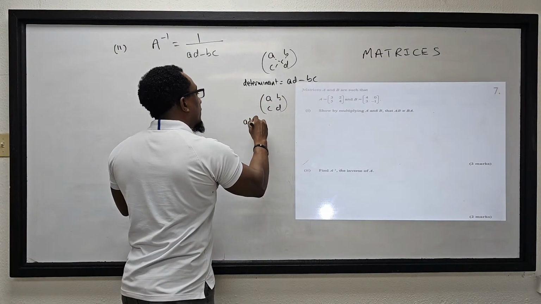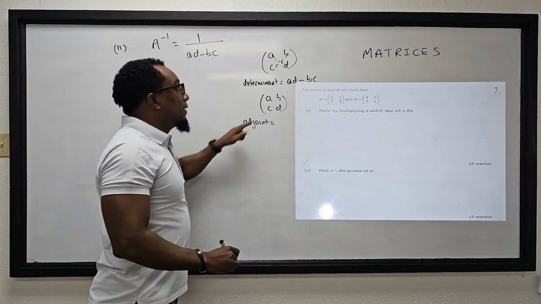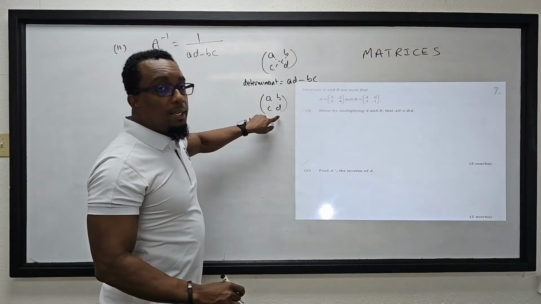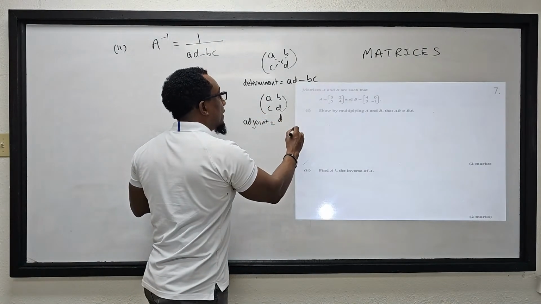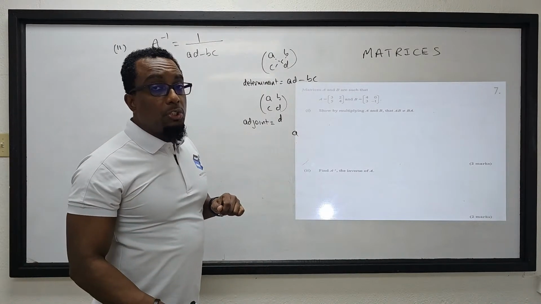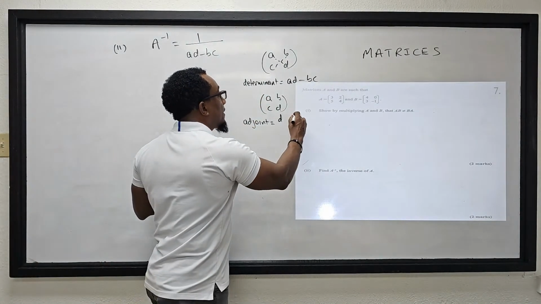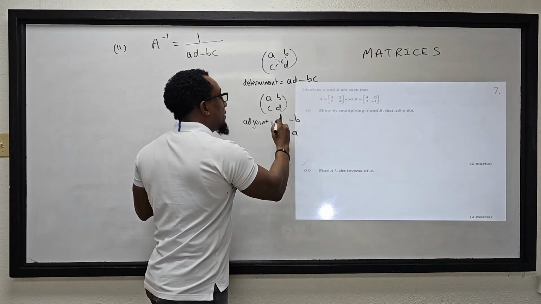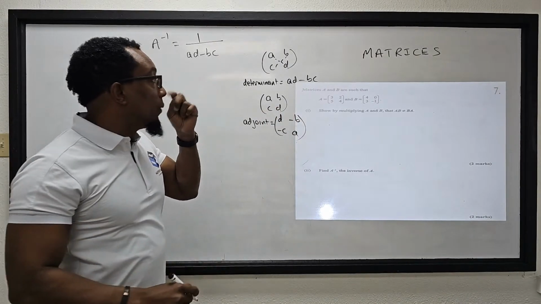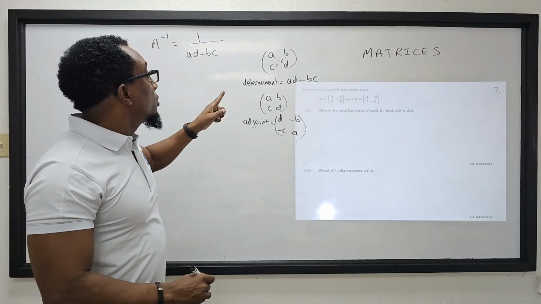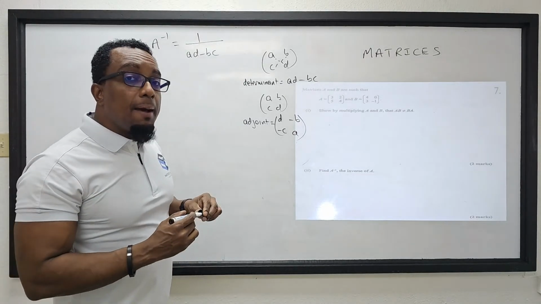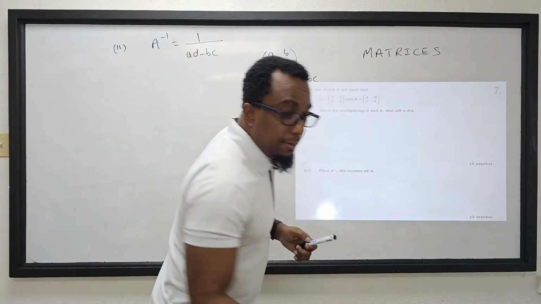You have to also know what's the adjoint of a 2 by 2 matrix. The adjoint is to interchange A and D. So D will be placed here, A will be placed there, but change the signs of B and C. So positive B becomes negative B, positive C becomes negative C. That's the adjoint. Both the determinant and the adjoint are going to be applicable to the inverse of your matrix.